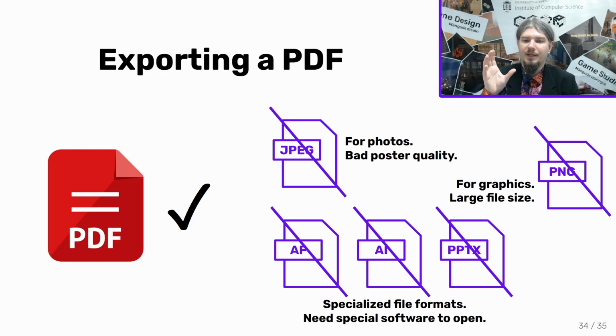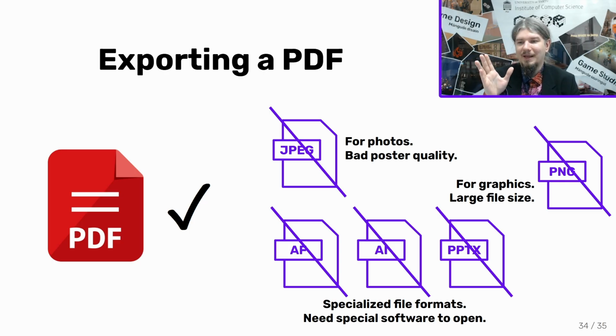This is JPEG compression. But if you save your poster in JPEG, you're either going to have a large file size if you disable the compression or put the compression to 0. Or if you have compression, then you get a smaller file size, not hundreds of megabytes. But in that case, if you have nice sharp diagrams with sharp edges and text, like edges of letters, then these will get quite blurry.